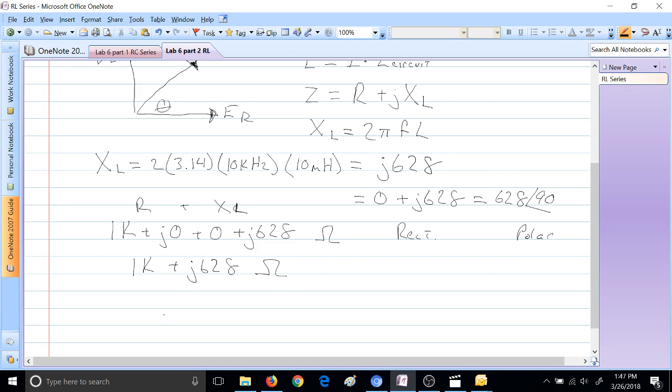And now let's go ahead and convert this to polar notation.